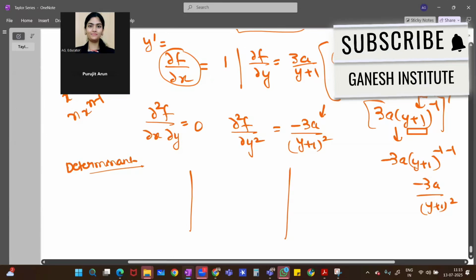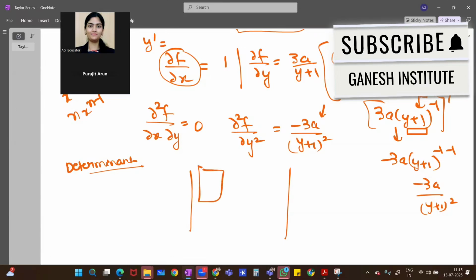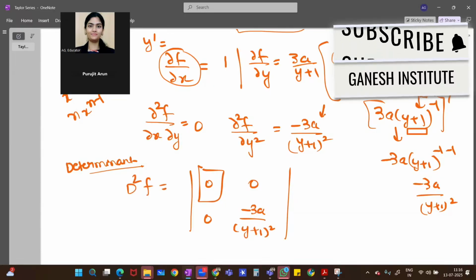So what do I write here? First element would be zero, zero, minus 3a divided by y plus 1 the whole square.